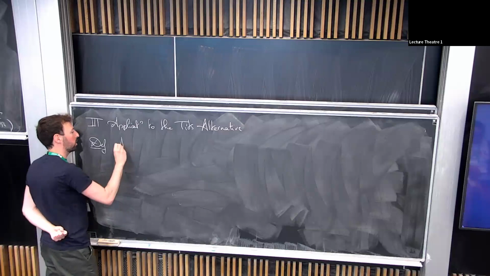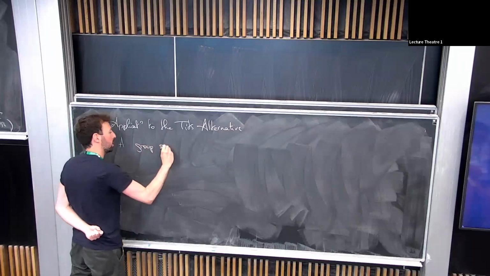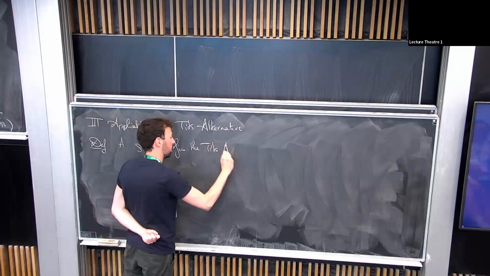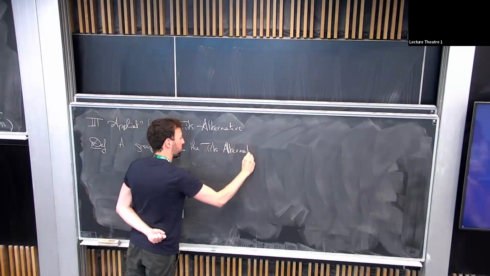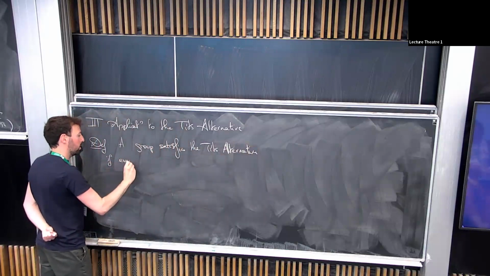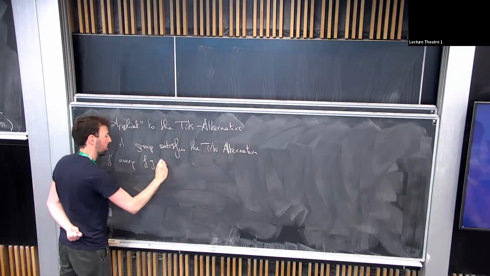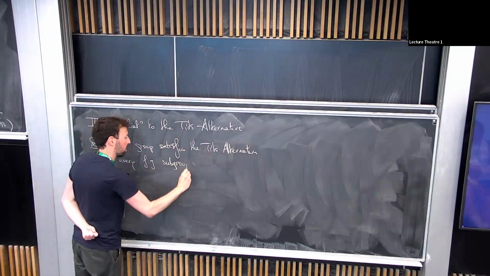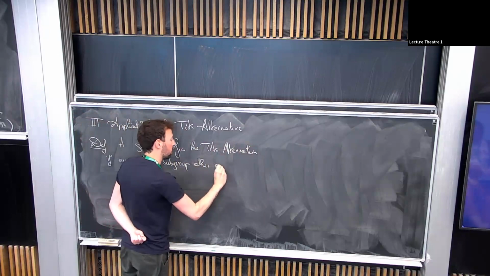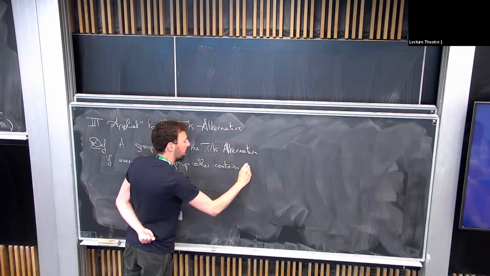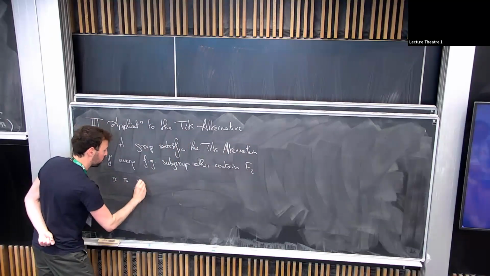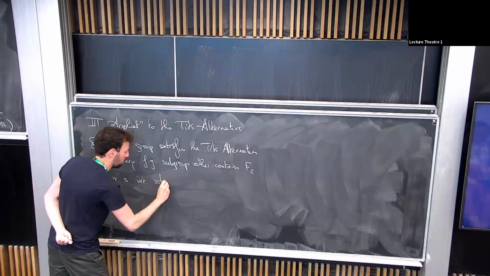So a group satisfies the Tits alternative if every finitely generated subgroup either contains F2 or is virtually solvable.